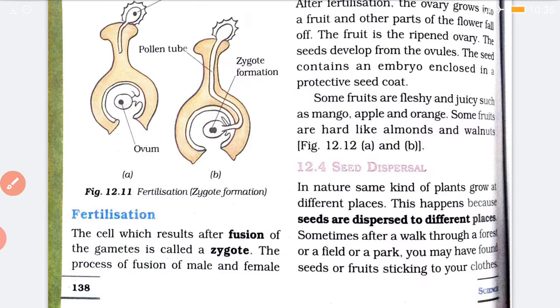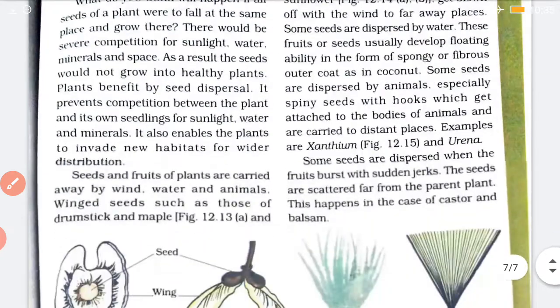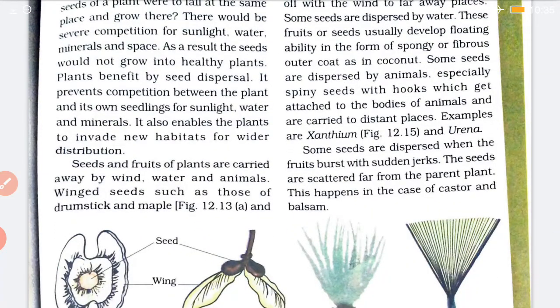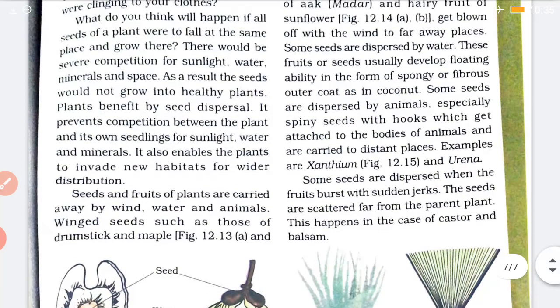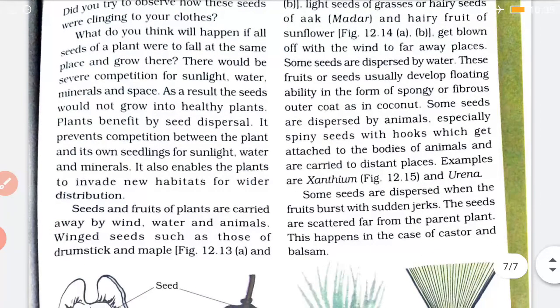Now, there are different methods of dispersal. Some seeds will be carried by wind, some seeds may be carried by water, some seeds may be carried by animals. Now, what are the features of seeds which are carried by different agents? This wind, water, animals, they are known as agents of dispersal, means the way by which seeds are carried to different places.